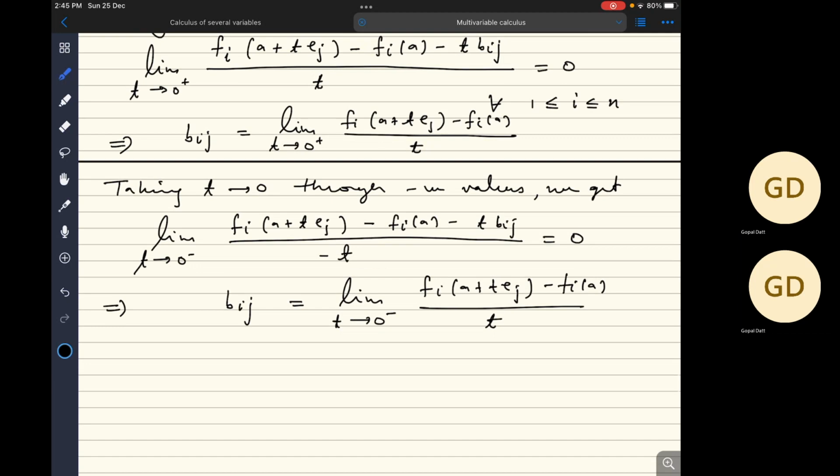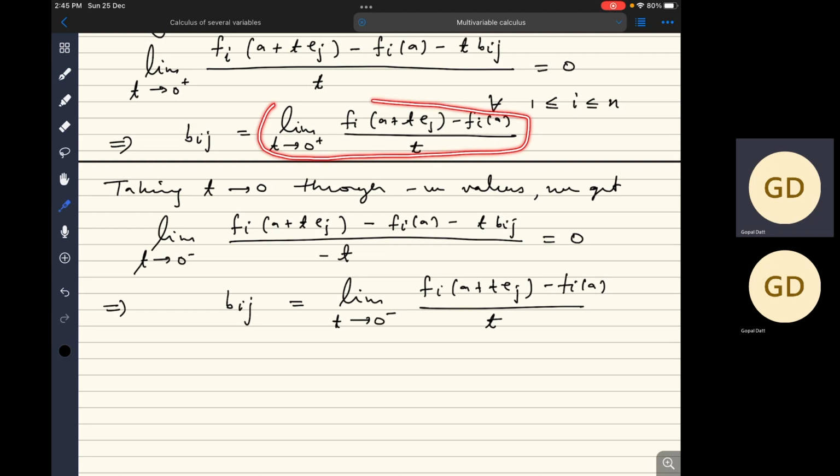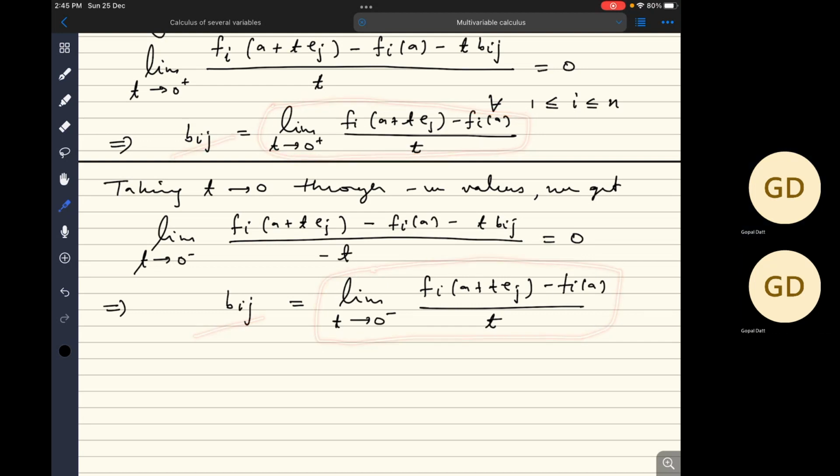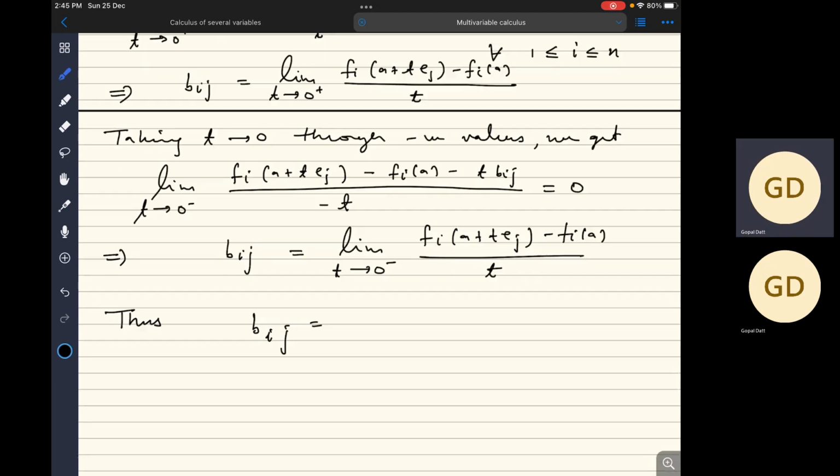Therefore, what we have seen is that this limit and this limit, right hand limit and left hand limit, are the same, bij, correct? Thus bij is nothing but limit t goes to 0 of fi(a + tej) minus fi(a) upon t.